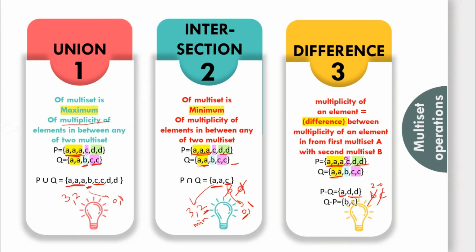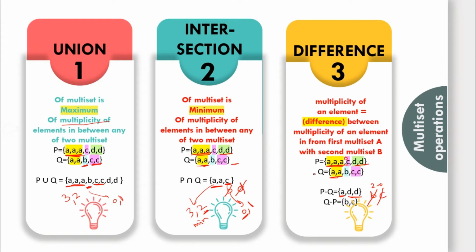In the same way, proceed for the next; we will get the answer: P intersection Q on multisets is double time A, C. Difference of multisets is just the difference of the multiplicity of the elements from the two multisets.